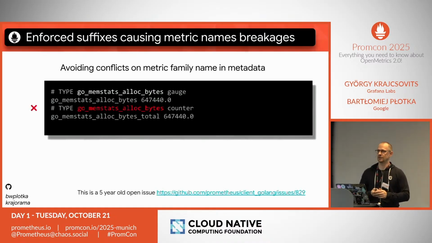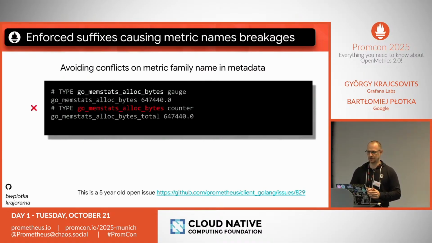Another aspect of reliability is the suffixes. This is, I guess, an infamous example from 5 years ago. This is an open issue from 5 years ago, where the Go runtime metrics exposed in 1.0 run into this problem that you have a gauge called go_memstats_alloc_bytes, and you have a counter go_memstats_alloc_bytes_total.